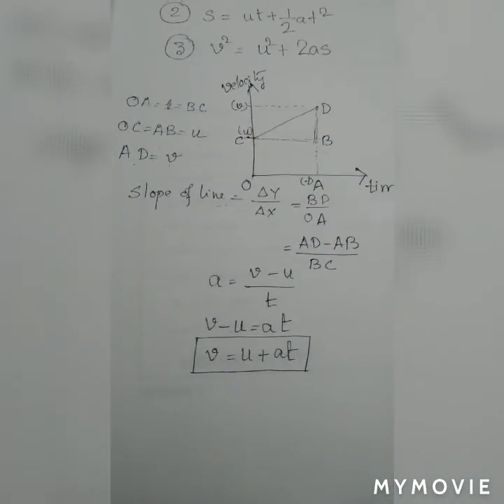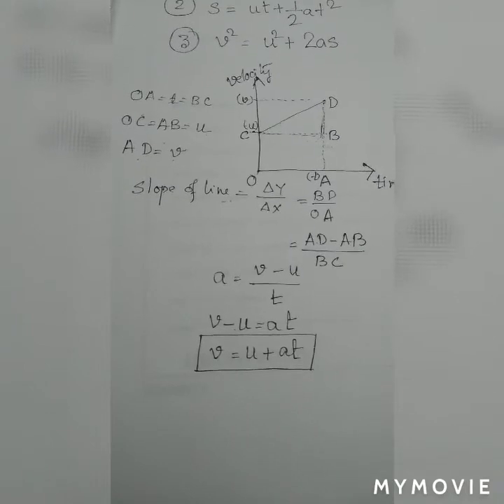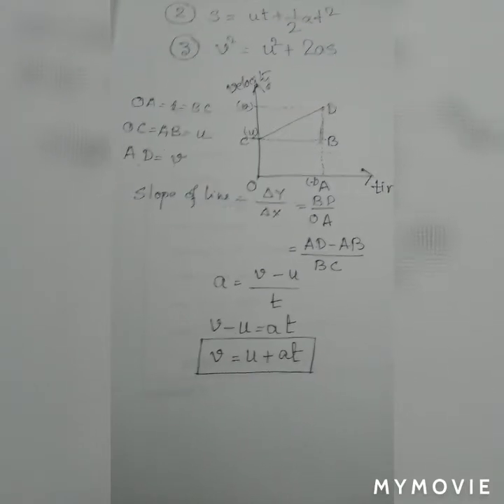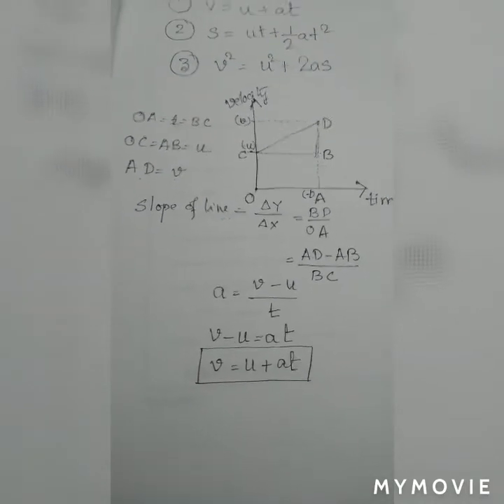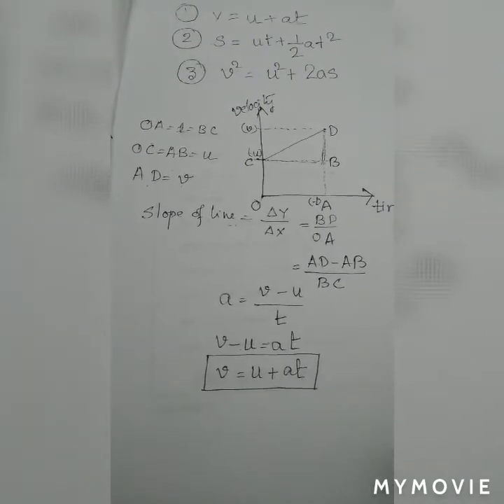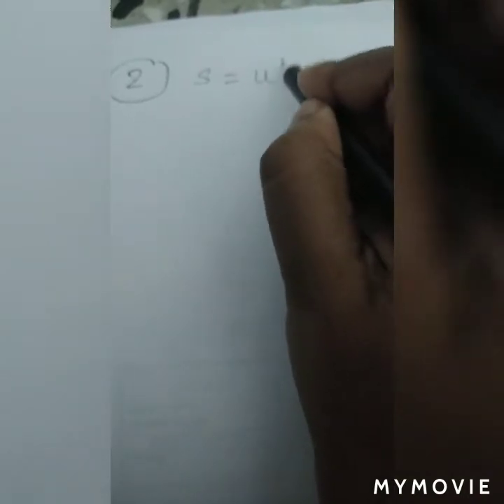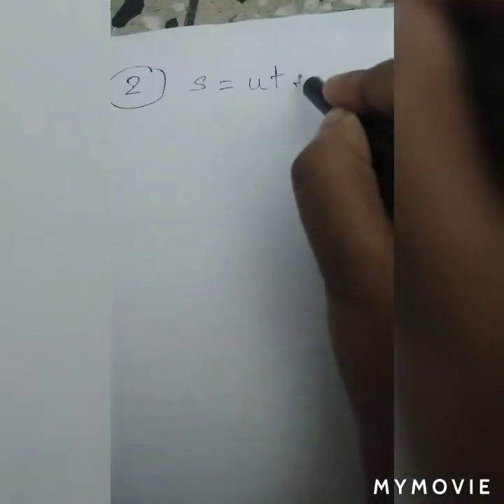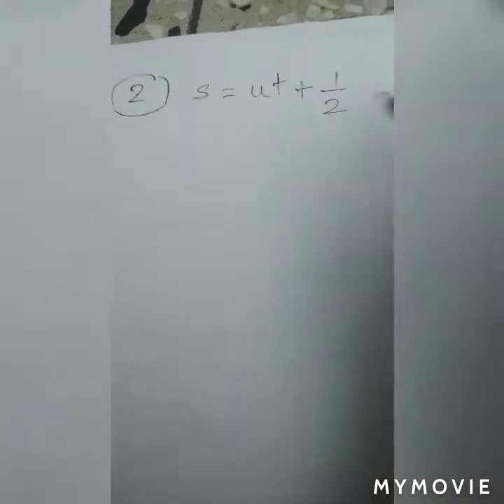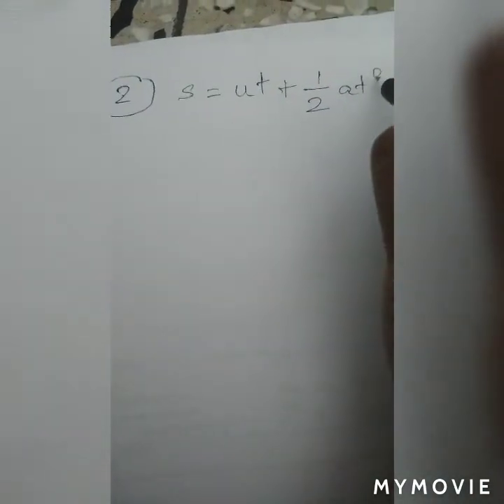Okay, fine. Now we will go on to the second equation. The second equation that we have is S is equal to UT plus half AT square.